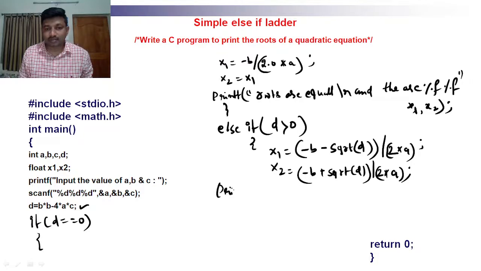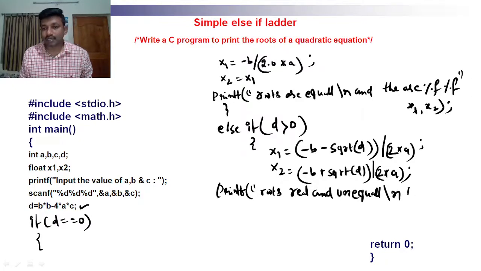So let me print. printf roots are real and unequal. What are the roots? Let it be new line. They are %f. What are these? x1 comma x2.